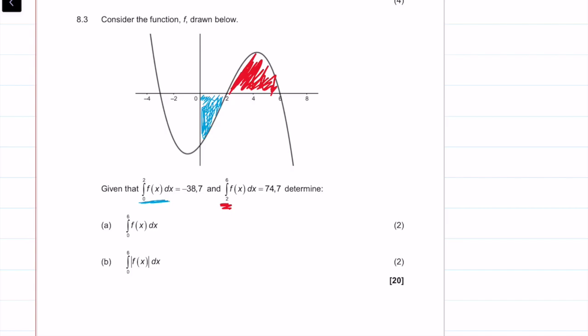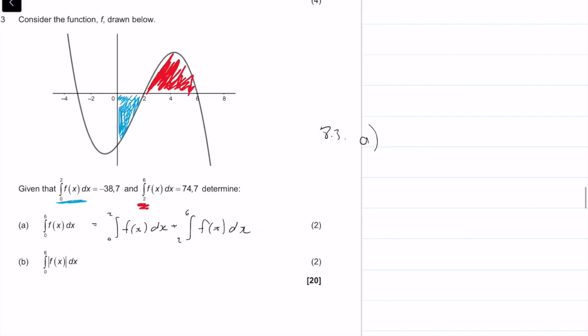Question 8.3a says what is the integral from 0 to 6? Remember, integrals we can add, so this is equal to the integral from 0 to 2 of f of x dx plus the integral from 2 to 6 of f of x dx. Therefore that's equal to minus 38.7 plus 74.7.